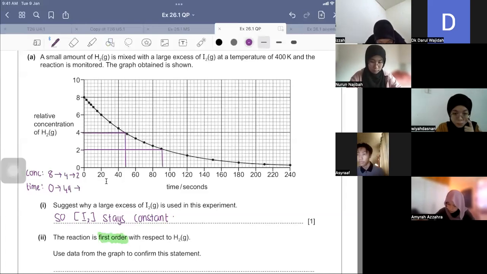And then the second half-life looks like it's at 90, no, actually.